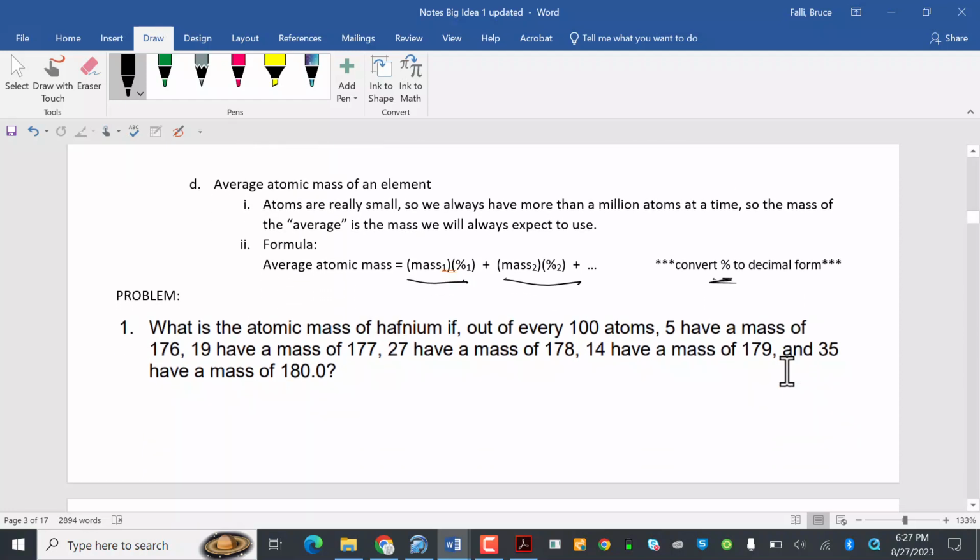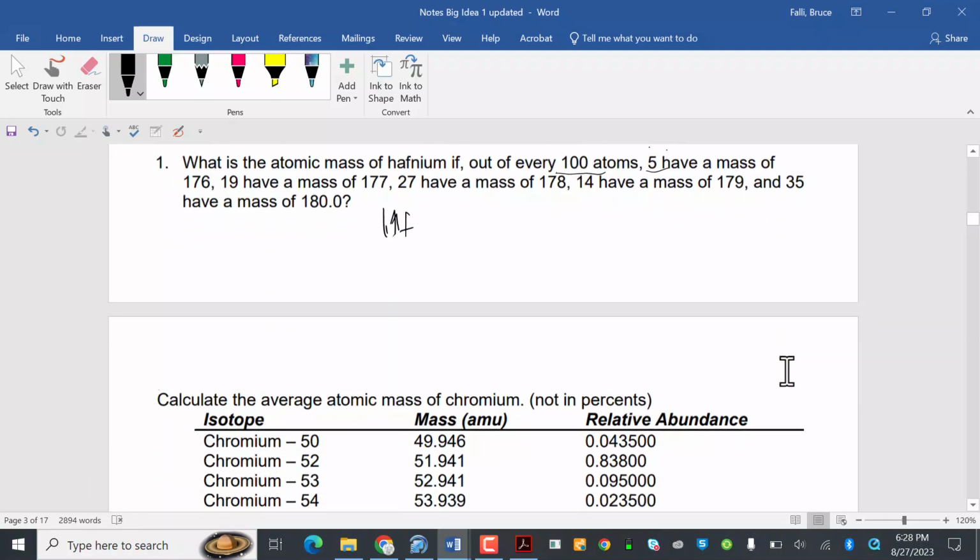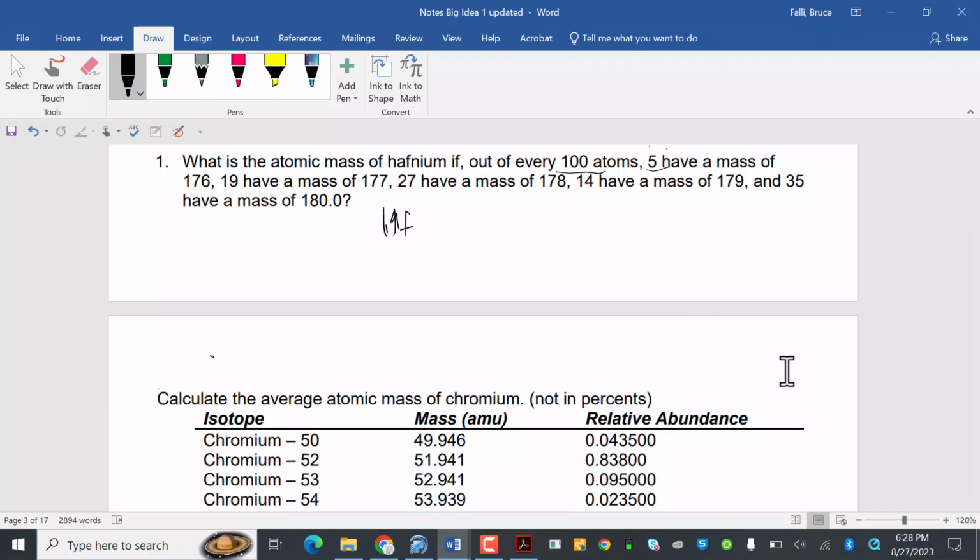What is the atomic mass of hafnium? Which, by the way, is Hf. If out of every 100 atoms, 5 out of every 100, that's 5%. Man, I'm not writing very well today. Let's see what I can do here. 5%. Man, it's not right. It doesn't like me today.